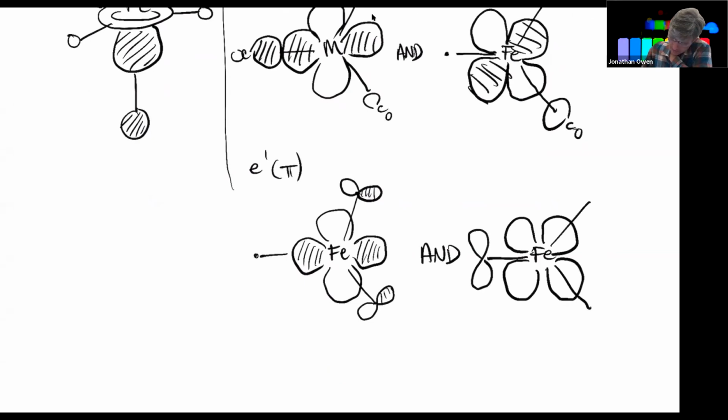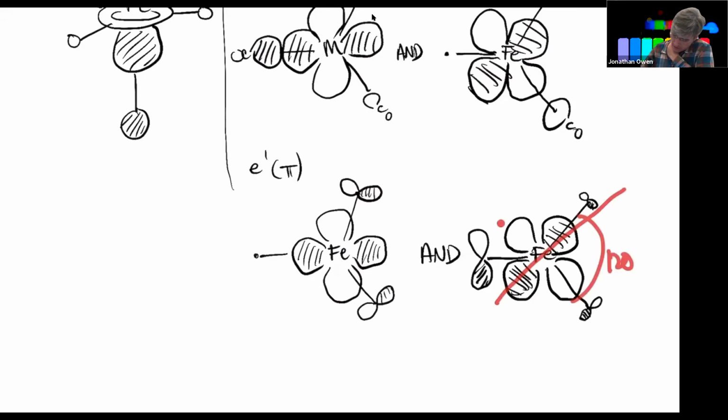Now, we get a nice fat pi bond with that p orbital there on the left. Again, you have to consider this angle is 120.